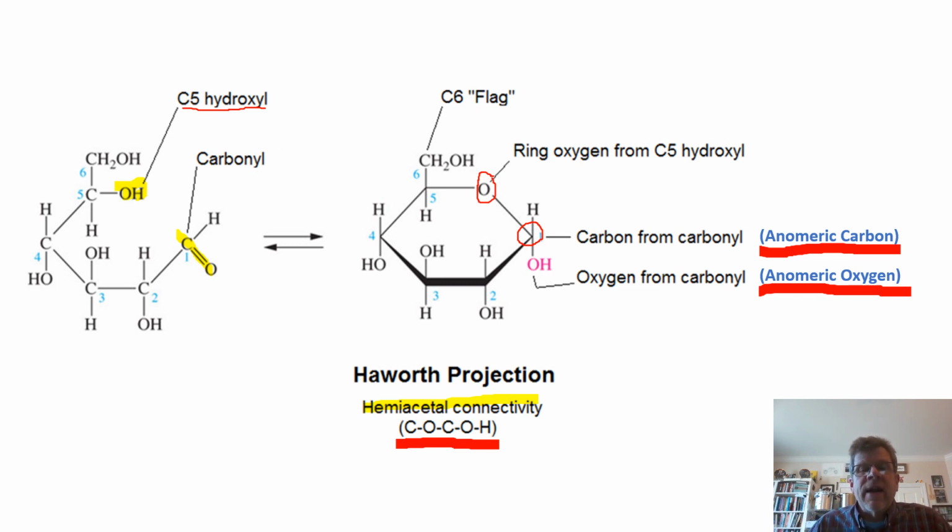Notice what I call, in a 6-carbon monosaccharide, the C6 flag. There's always going to be a flag sticking up there on these Haworth projections. Yes, it's CH2OH. I call it a flag because it's kind of up there flapping in the breeze. But always, at least in a 6-membered ring on a Haworth projection, all of these things are going to be maintained consistently.